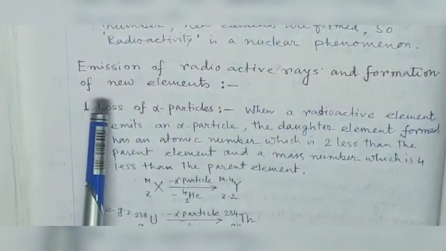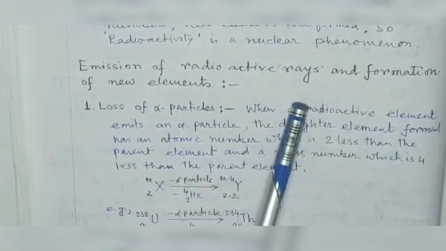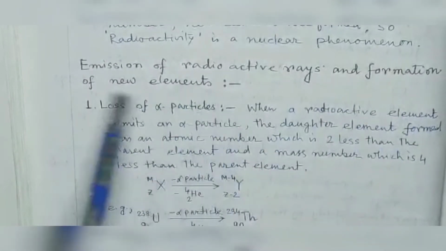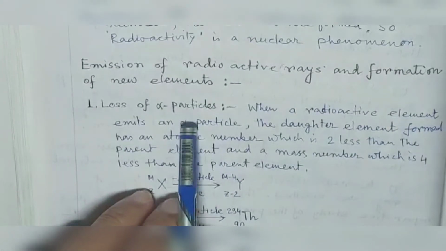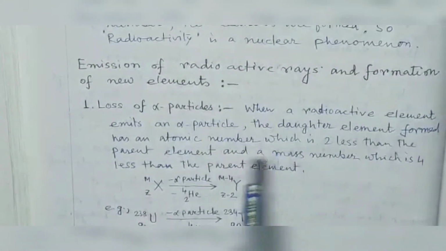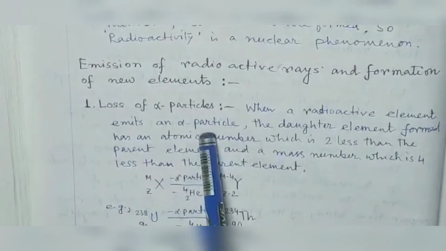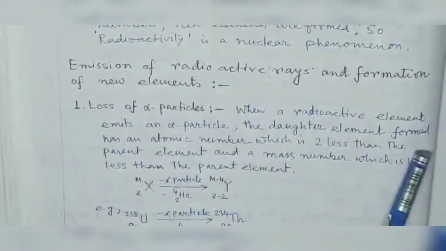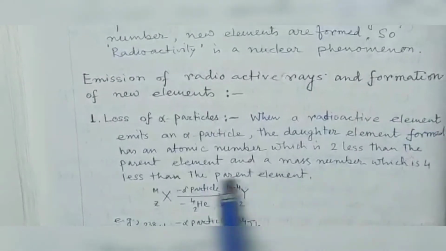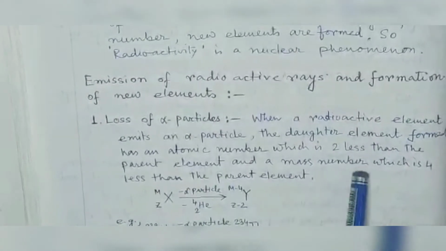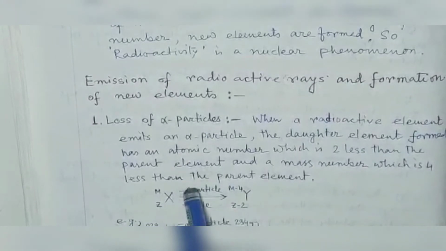Now we discuss emission of radioactive rays and formation of new elements. At first, the loss of alpha particles. When a radioactive element emits an alpha particle, the daughter element formed has an atomic number 2 less than the parent element and a mass number 4 less than the parent element.